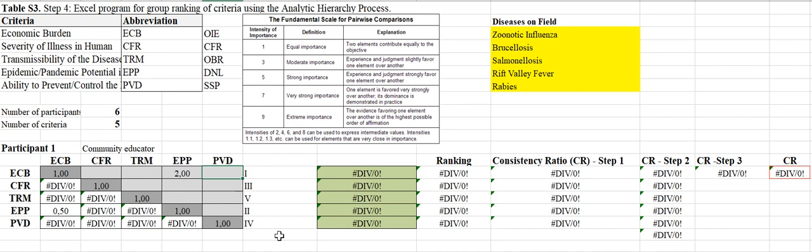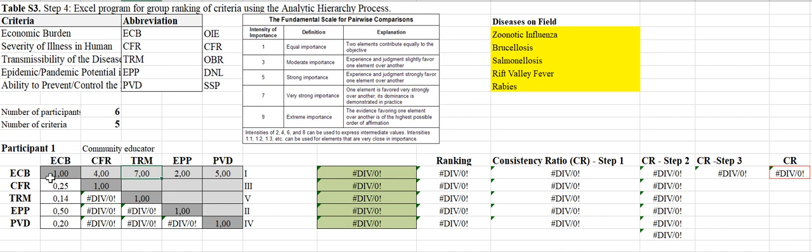Okay. And for the others, the third is the case fatality rate or the severity of illness. I will rank it as 4 times more important. And then the other would be 5 and 7.